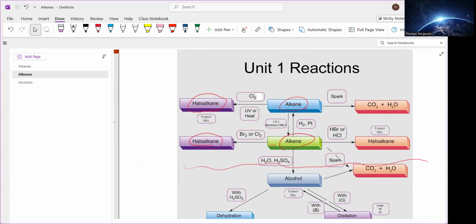Some of these we're going to get into on Thursday on alcohol. Talk about oxidation and reduction of alcohol. We talk about the creation of alcohol and a number of types of reactions. Today we're talking about addition reactions.